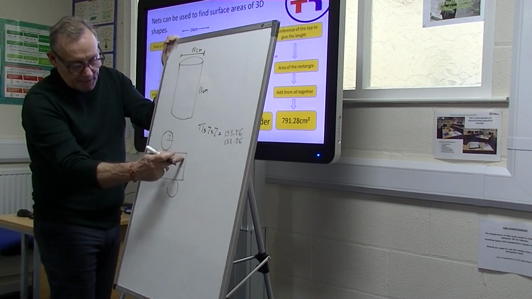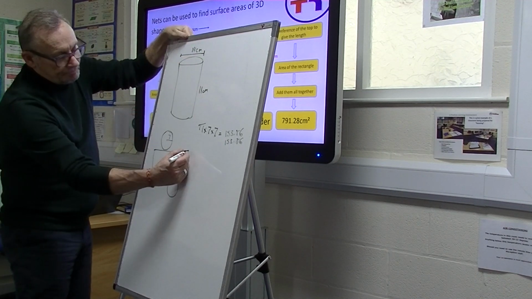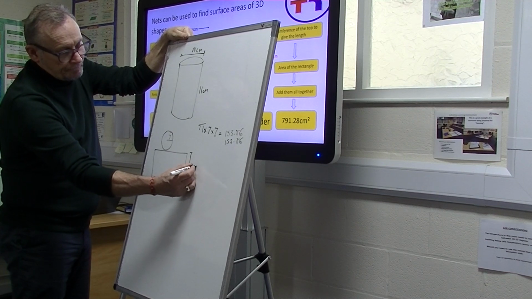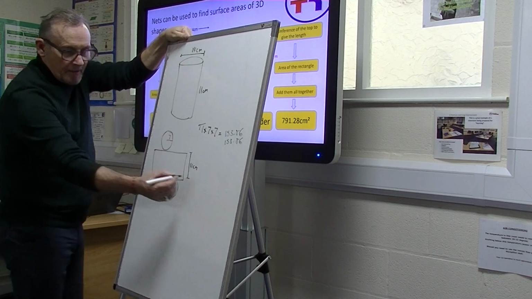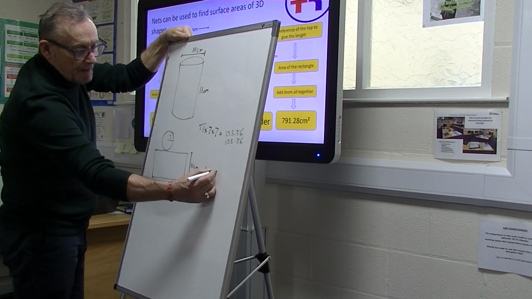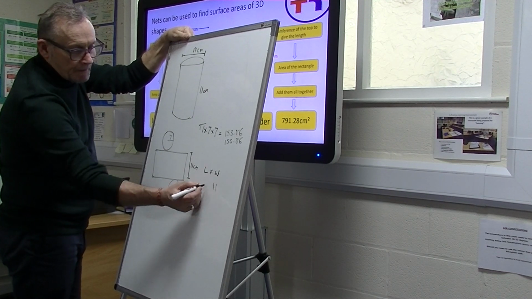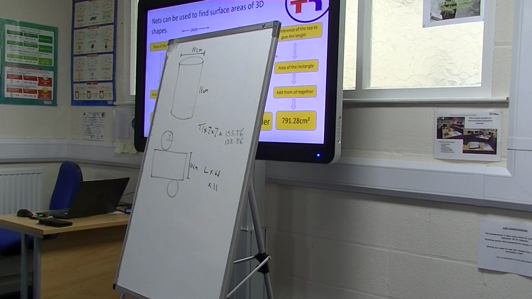So now we come to working out the rectangle. We know the formula for the area of a rectangle is length times width. We know the width, it's 11. What we don't know is this measurement here.